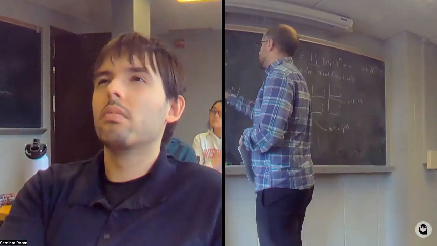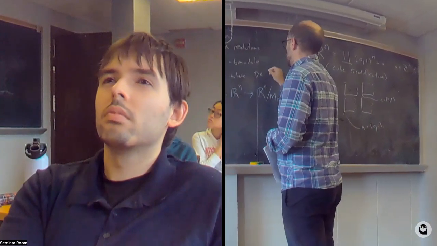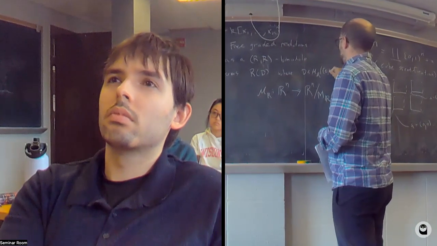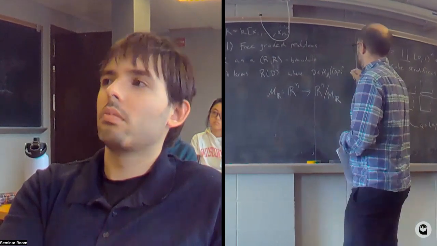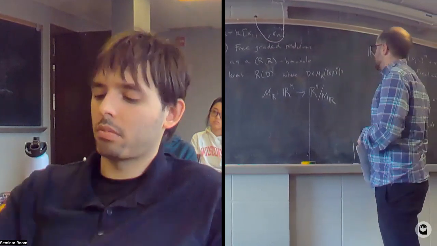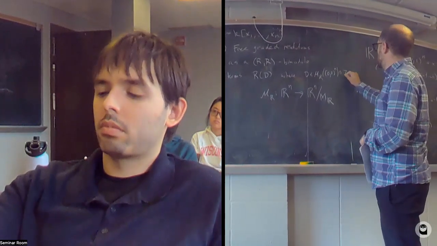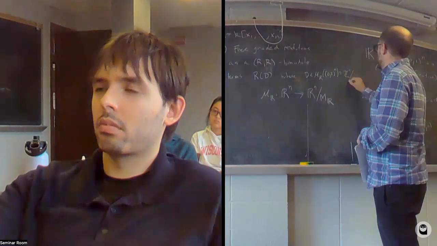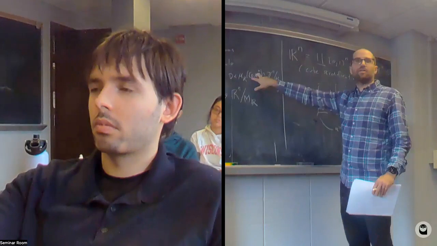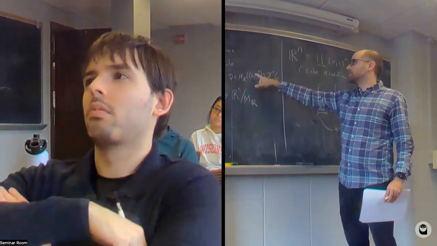And this D is in mu R of this first cube intersect the lattice. So this behaves like a compact set.